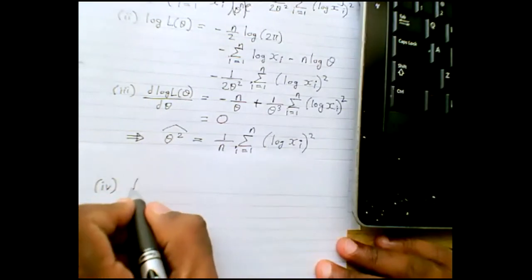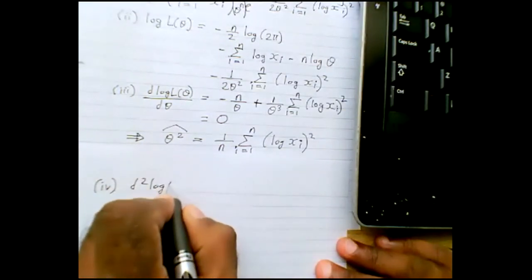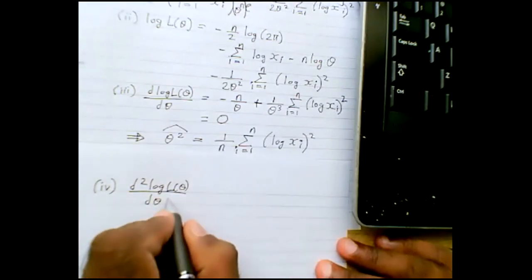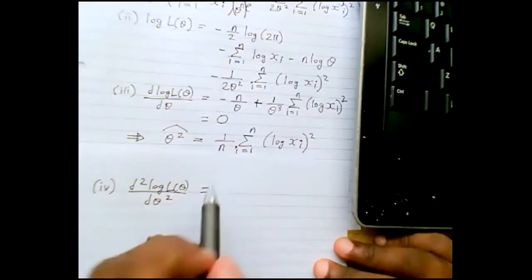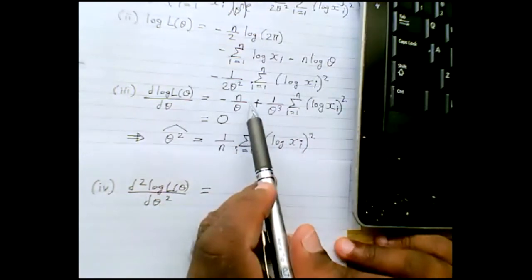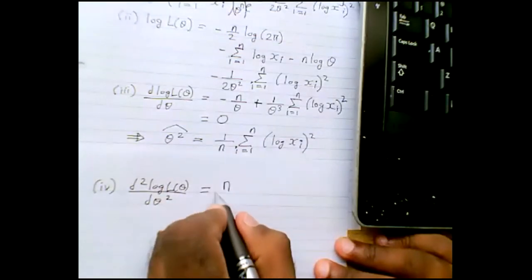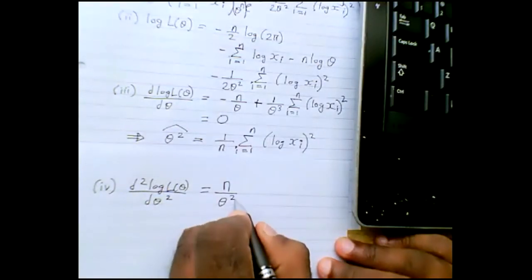Step 4. So the second order derivative of the likelihood, right, is the first order derivative of this. So if you differentiate this with respect to theta, you get n over theta squared.